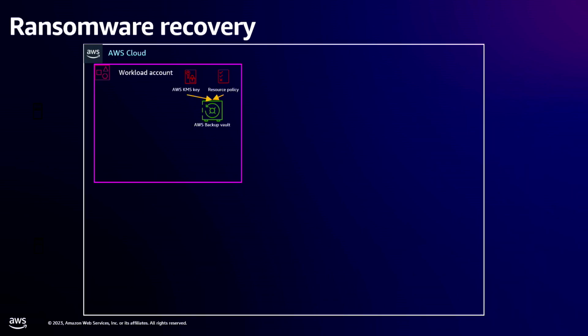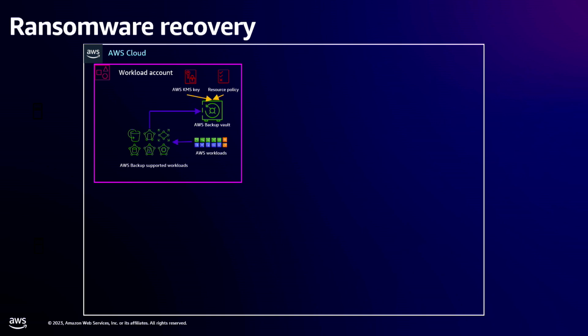So let's dive into an example where I have my production account. I have various workloads running, data stores, compute, et cetera. And I have AWS Backup configured to back those up. Now, one of the key risks of ransomware is not just the encryption of data, it's how were they able to encrypt the data.